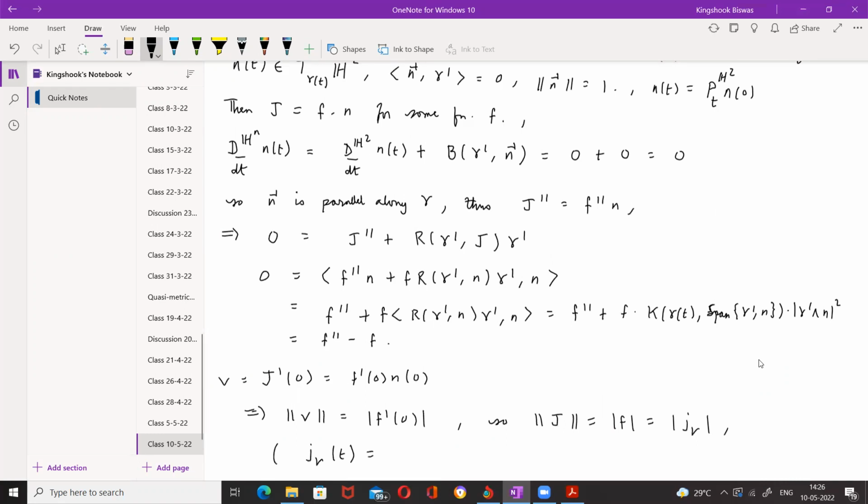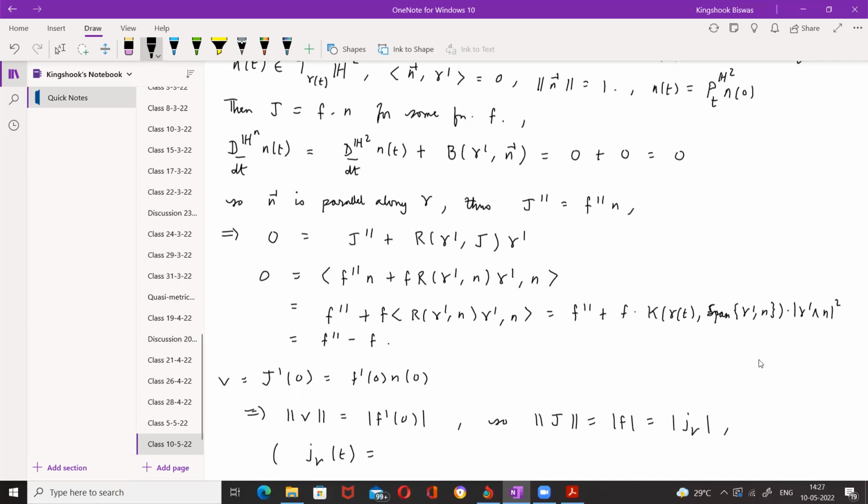What is the solution with initial conditions J_R(0) equal to 0, J_R prime 0 equal to R? Come on, this is class 12 calculus. You should be able to do this. The general solution is C1 e to the t plus C2 e to the minus t, and then we need to put the initial conditions.